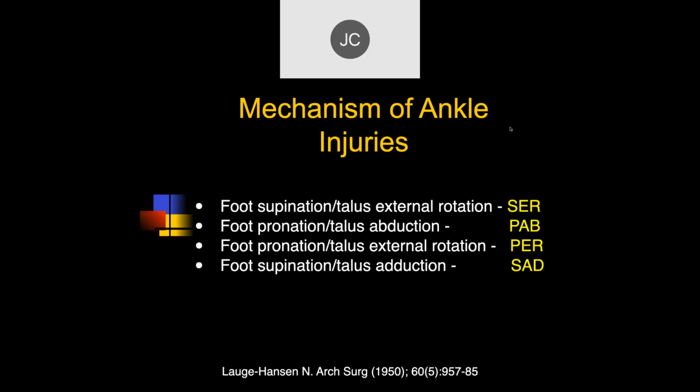One of the common ways of describing the mechanism of injury is if you have the mechanism primarily foot supination and talus external rotation, which is called SER mechanism of injury. Another one you can have is foot pronation, talus abduction, called pronation abduction, PAB.